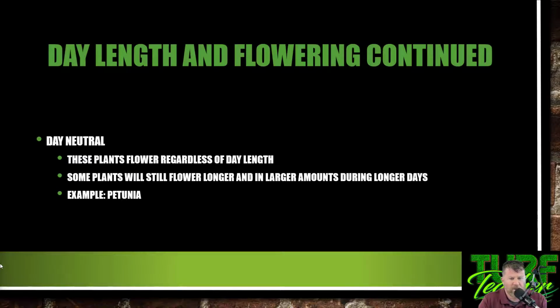Some plants will still flower longer and in larger amounts during longer days. Example, the petunia. So it doesn't really matter to the plant. Like you said, you may just see a little difference in the size of the bloom, and they may last a little bit longer if they're getting longer sunlight days.